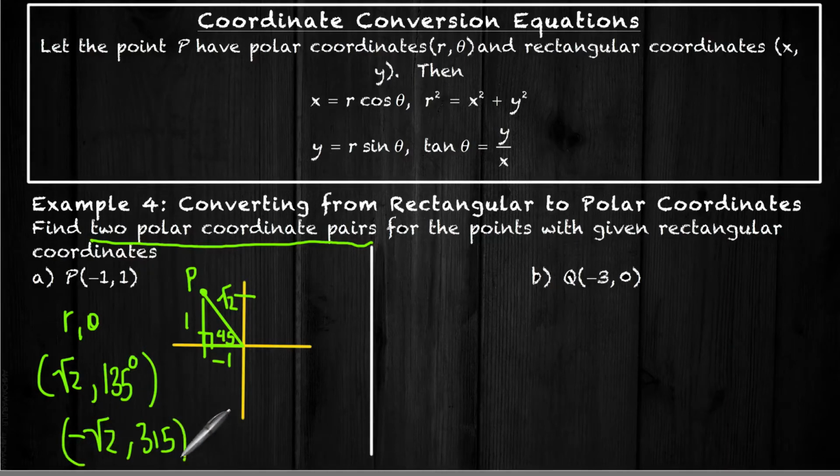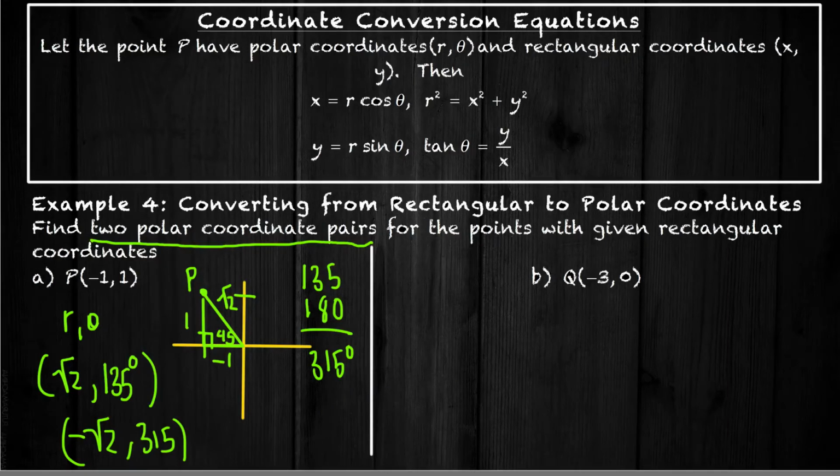By the way, a really easy way to do that is to just add 180 to the angle. If you add 180 to 135, you will get 315 degrees. And so that's how you know what the angle you're opposite from.